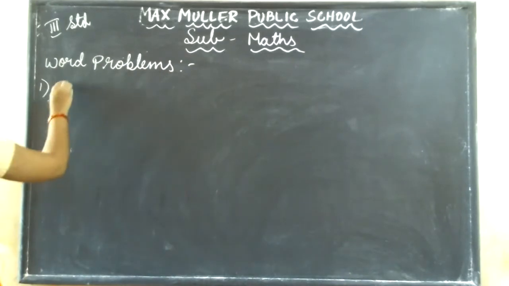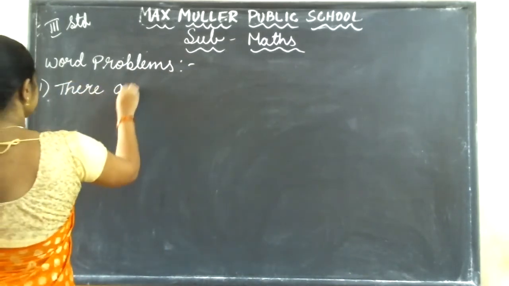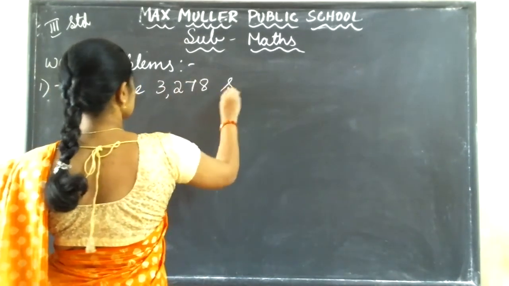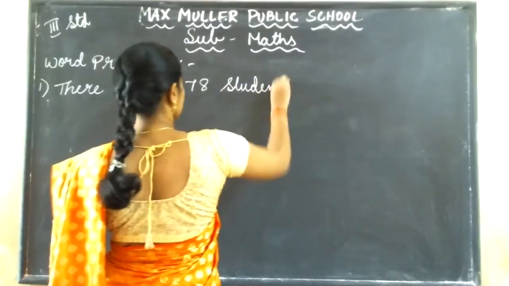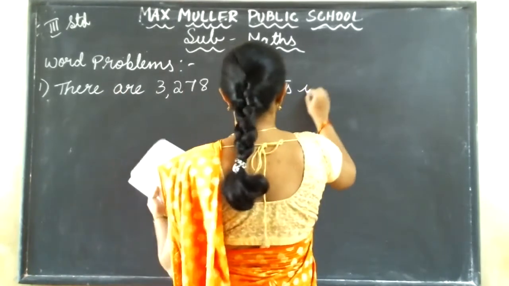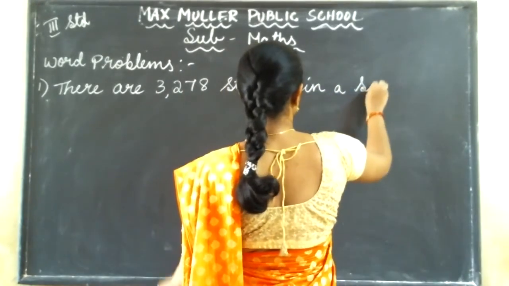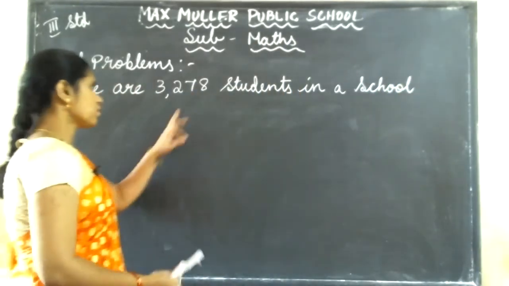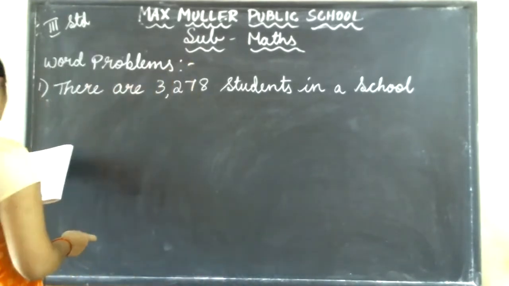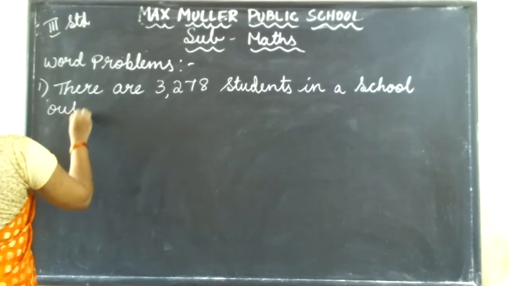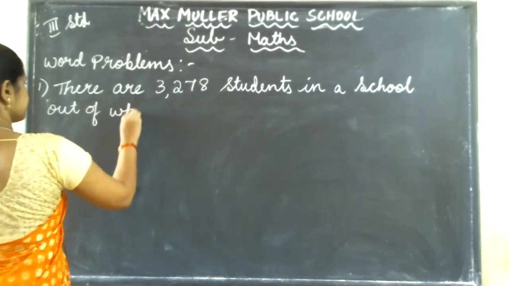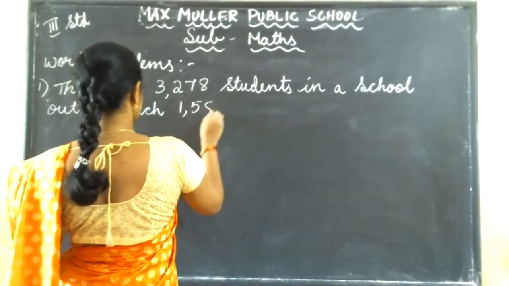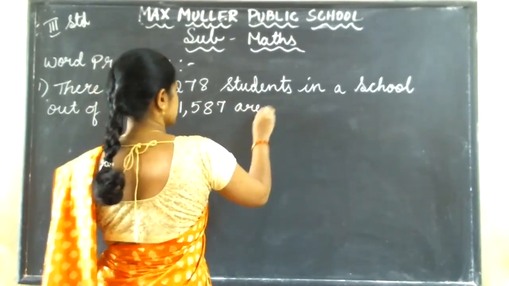First one: in a school, there are 3,278 students, out of which 1,587 are girls.